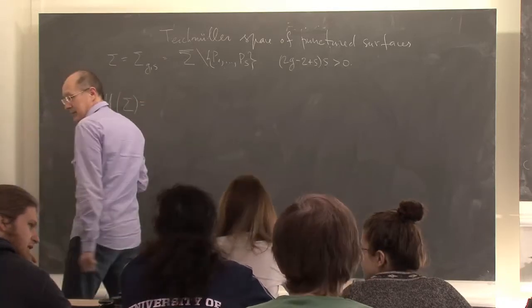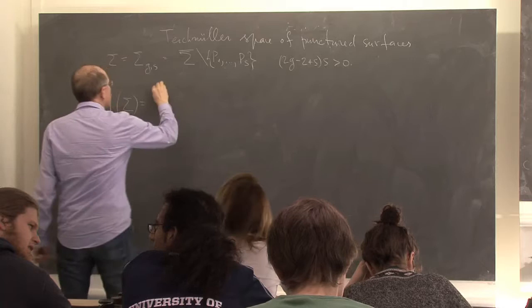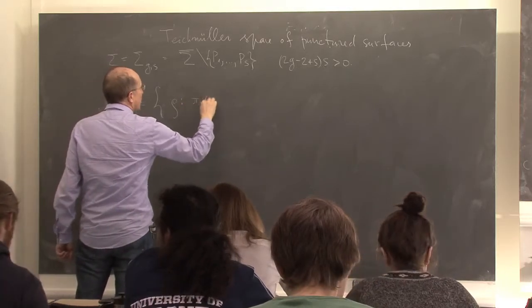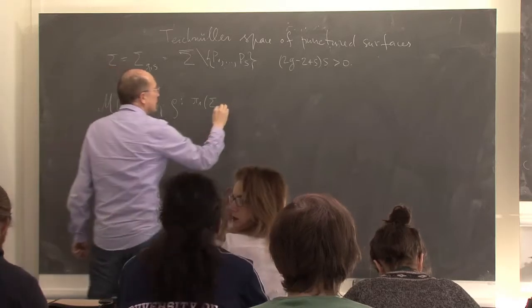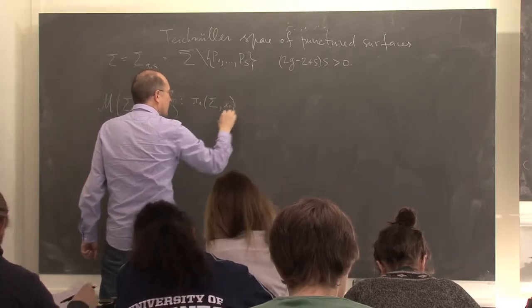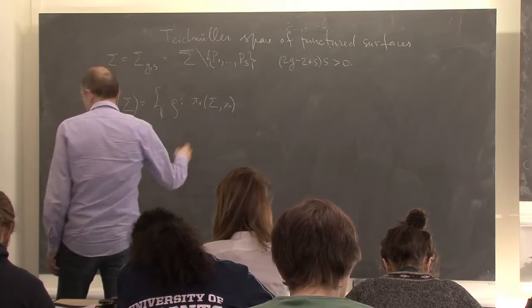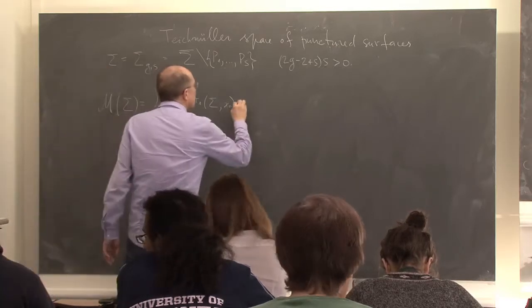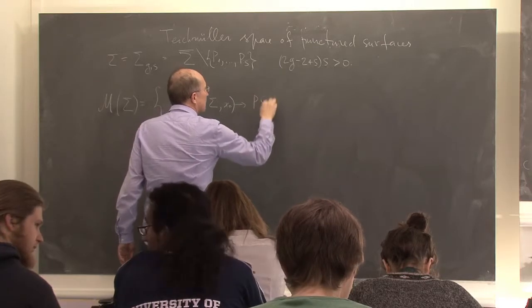And it is nothing else but the space of group homomorphisms from pi1 of the surface, but to be more precise, let me fix a base point, in the group PSL2R.